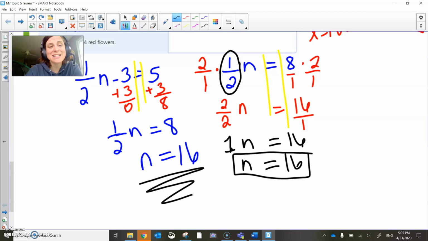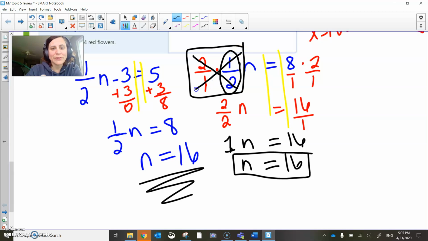And my guess is it would be harder. So knowing that what you really want to do is get that fraction to go away by multiplying it by the reciprocal, and then you're left with that letter all by itself. It's kind of a sweet trick. Although it's not really a trick, is it? It's actually math. What?